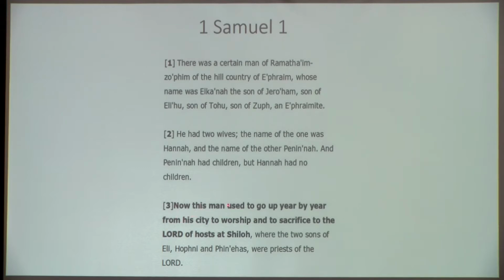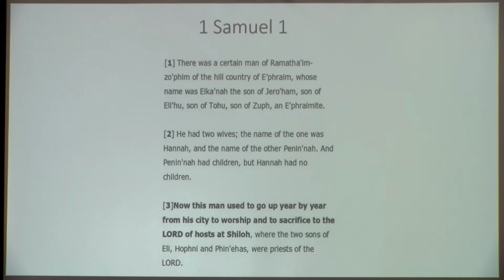Now this man used to go up year by year from his city of worship to sacrifice to the Lord of hosts at Shiloh. These first couple of verses indicate that for some time, maybe for as long as half a century, people have been going up to Shiloh to worship. And this man would go with his family to worship in Shiloh.